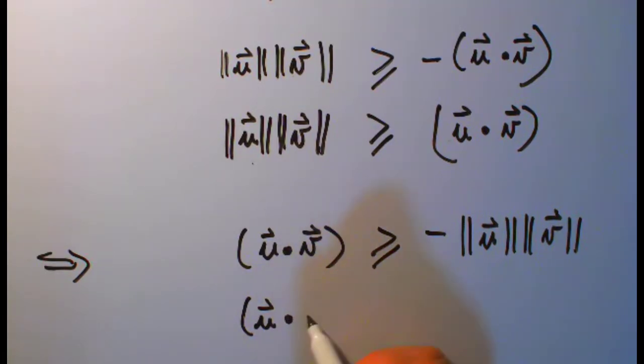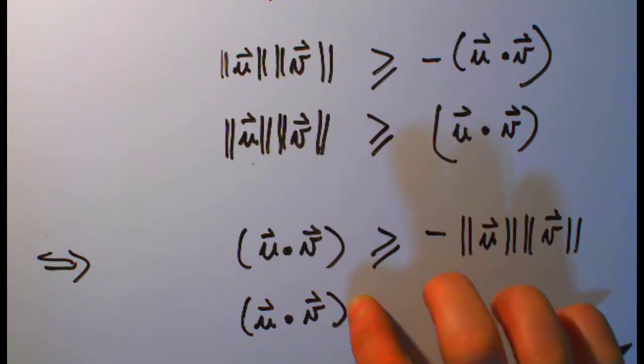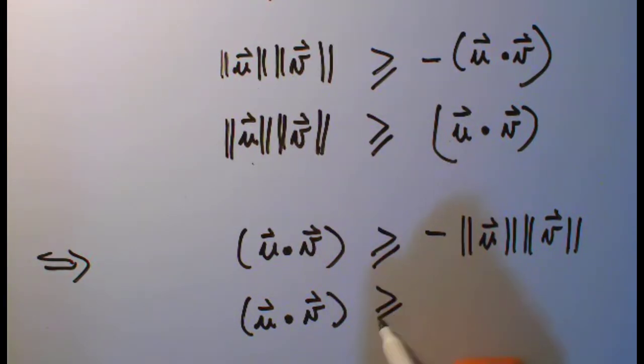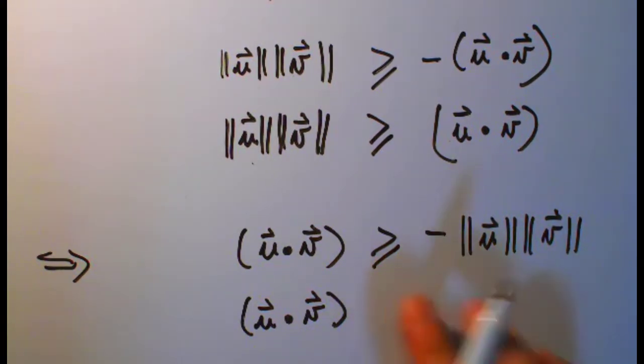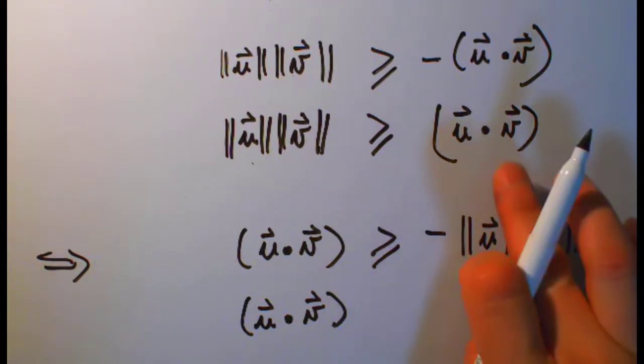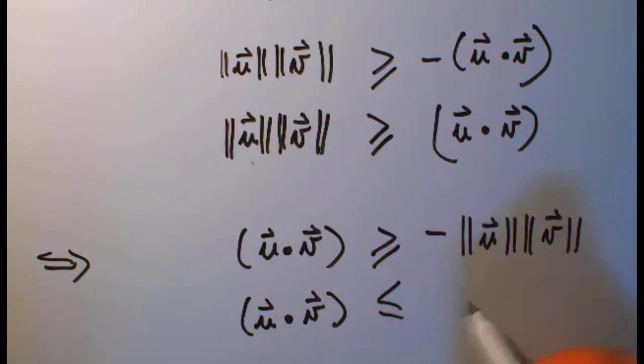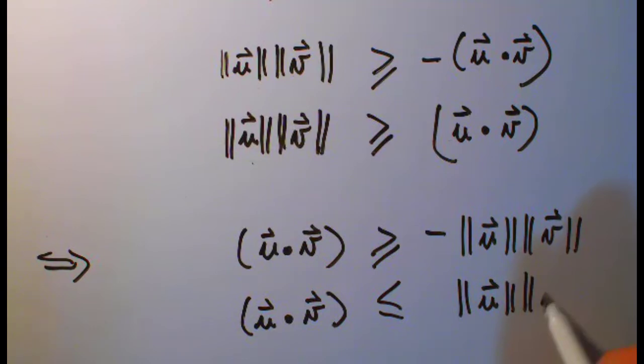Dot product of u and v, if you're putting that on the left hand side, is less than or equal to length of u times length of v.